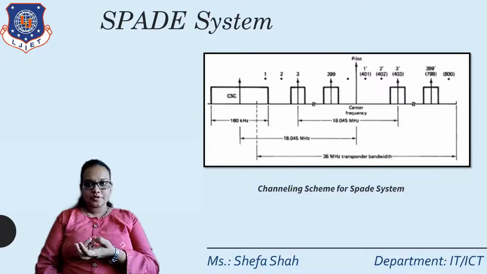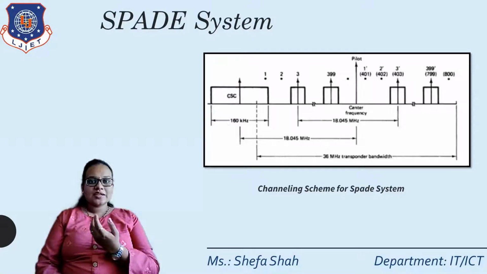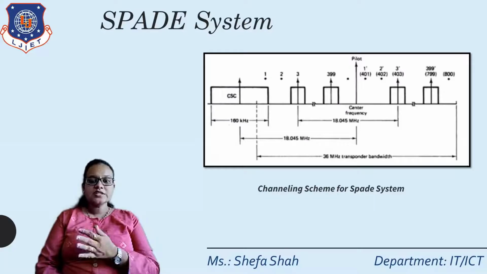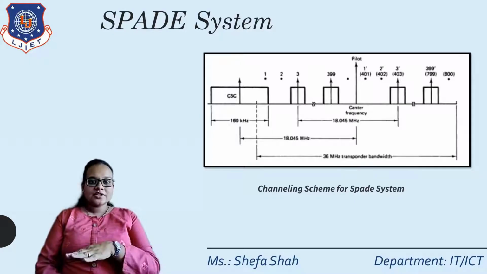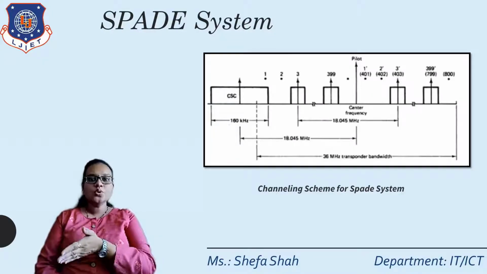For single-direction use. When we want to make a duplex, there are 397 channels for both transmitting as well as receiving. On the left-hand side of the pilot, there are the frequencies 1, 2, 3 up to 399, that is 400, right? And on the right-hand side of the pilot channel, there are 1 dash, 2 dash, 3 dash, which is the image frequency of this 1 to 400.